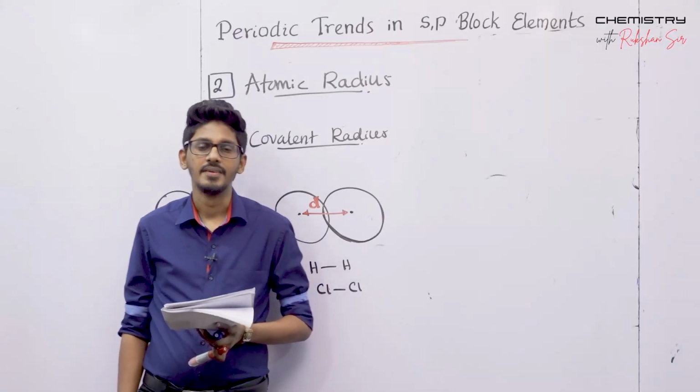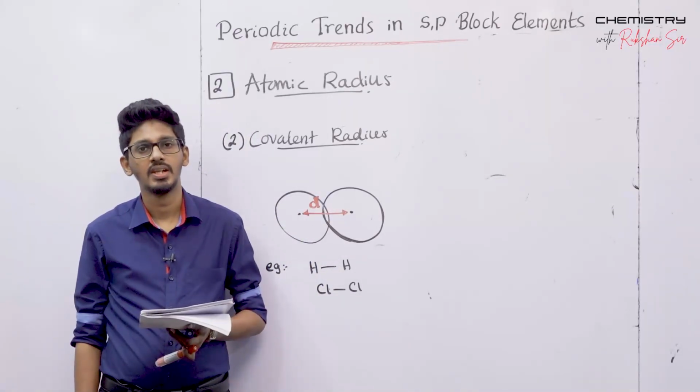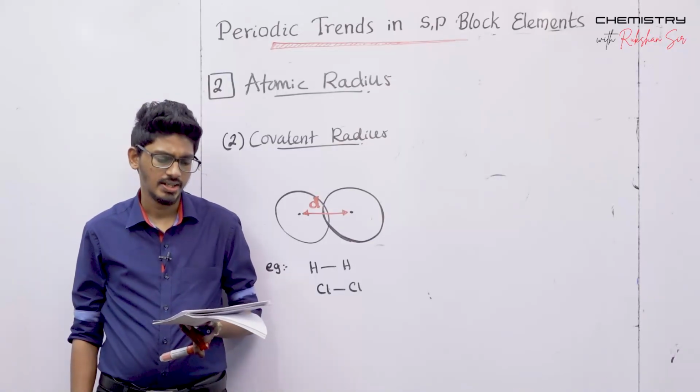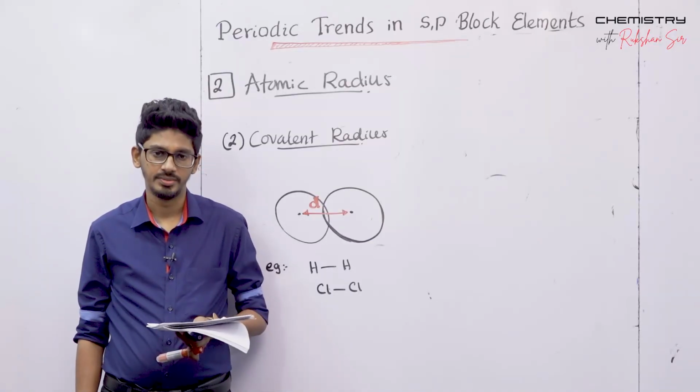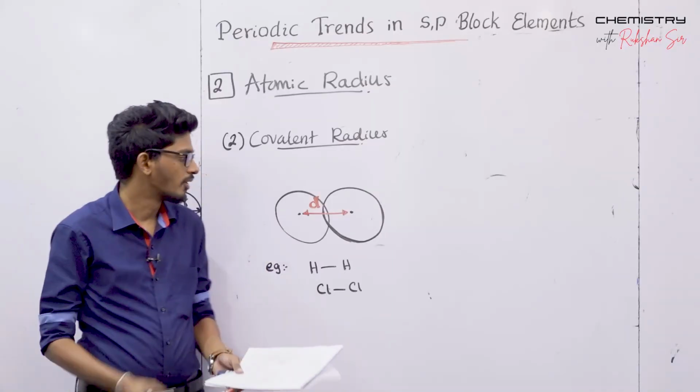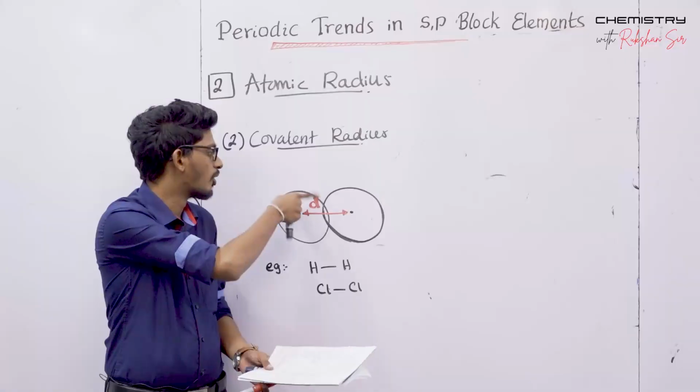Okay. With the next line, just write: this thing is also referred to as the bonding atomic radius.